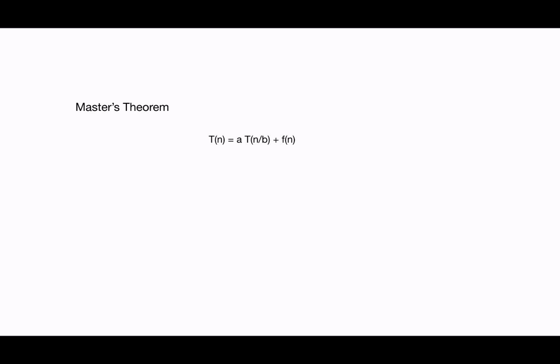If you have a relation like T(n) = 4T(n-3) + n^2, here the value of a is 4, which does satisfy the constraint, but the value of b here is 1, which does not satisfy the constraint because the value of b must be greater than 1. So this relation cannot be solved using Master's theorem. You have to go with the substitution method here.